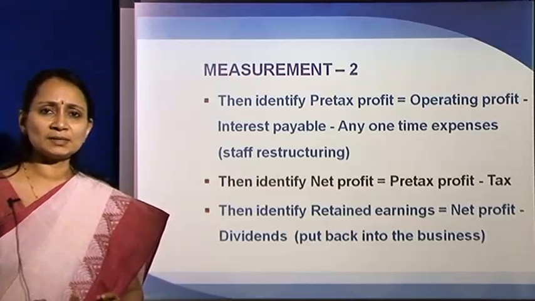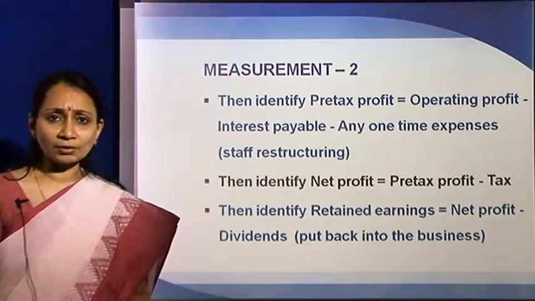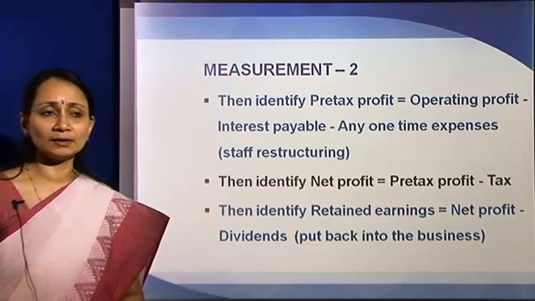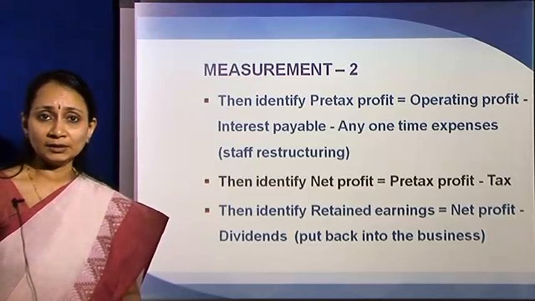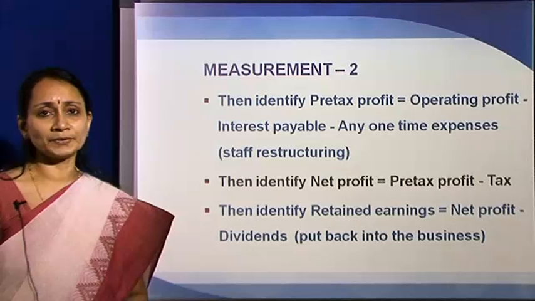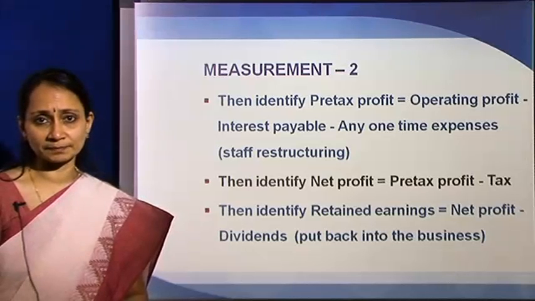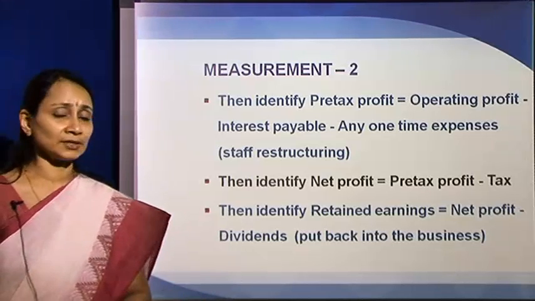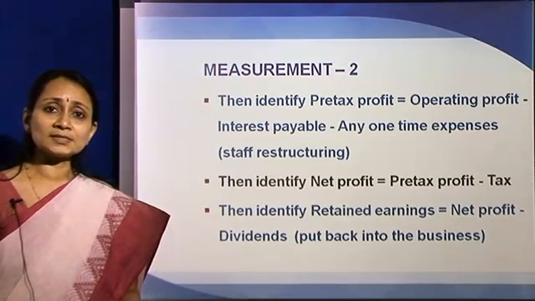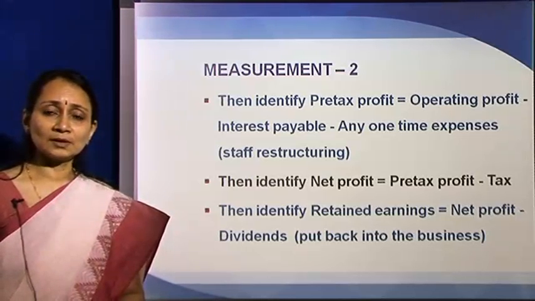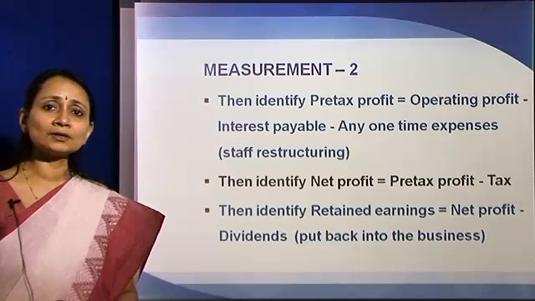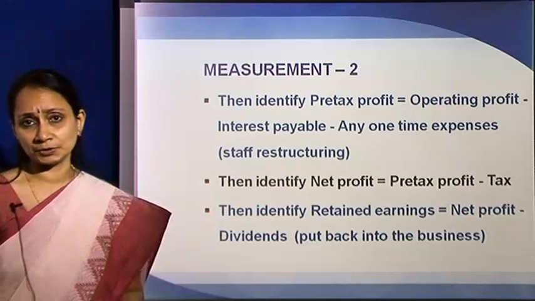Now, these are exceptional items of expenditure or income which the company may incur or earn during a particular year. They are not recurring items. Take a staff restructuring exercise. This exercise would have a cost. Now this cost is not a cost which will recur again in the next few years.